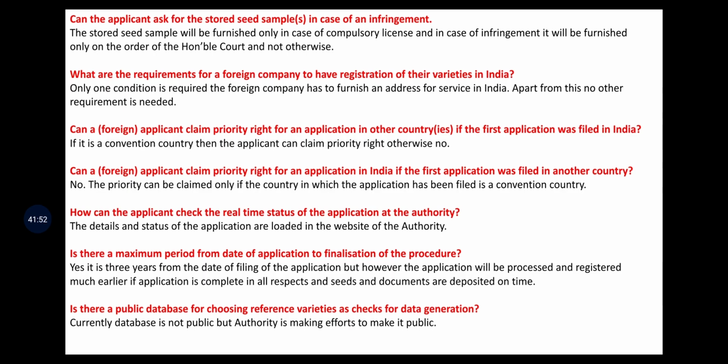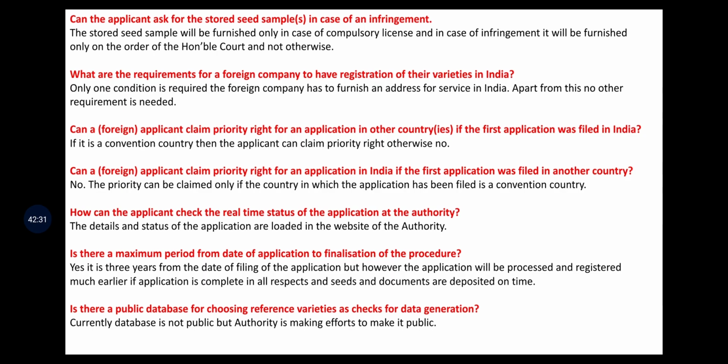Can a foreign applicant claim priority right for an application in India if the first application was filed in another country? If it is a convention country, then the applicant can claim priority right, otherwise no. The priority can be claimed only if the country in which the application has been filed is a convention country.